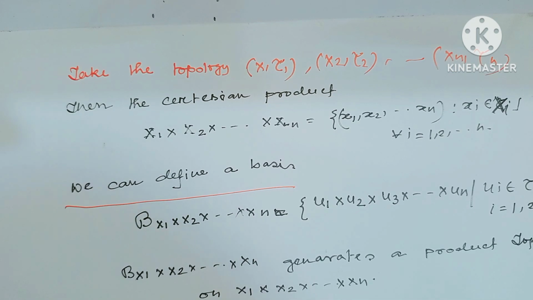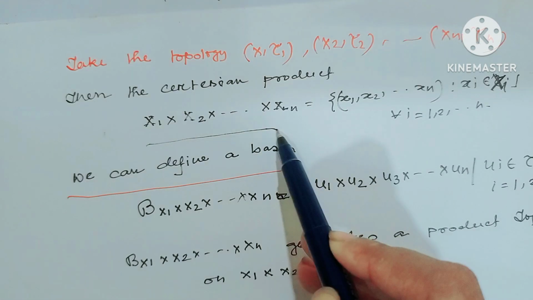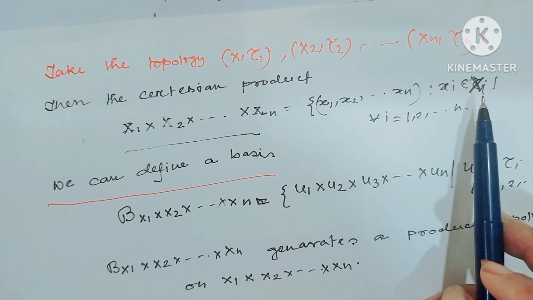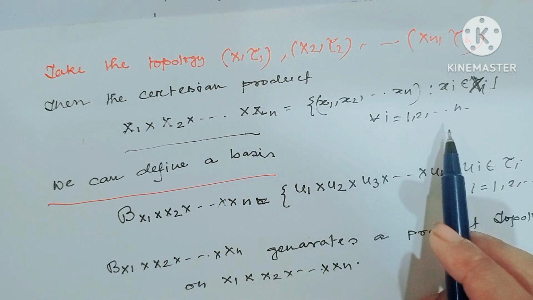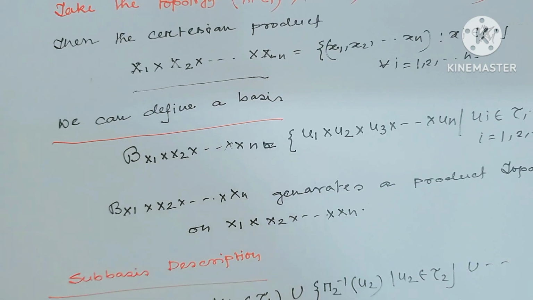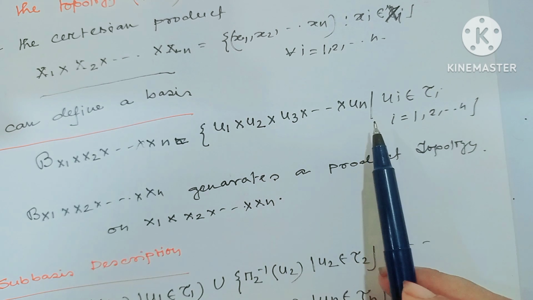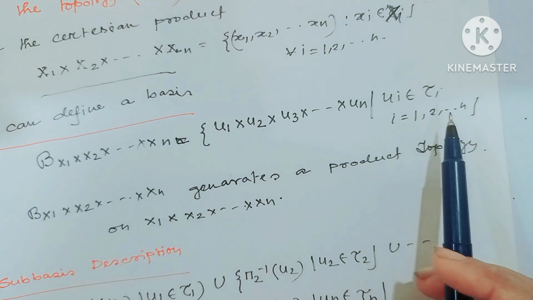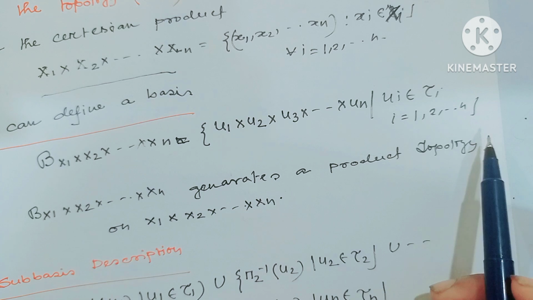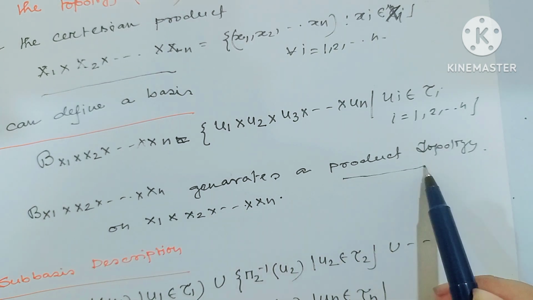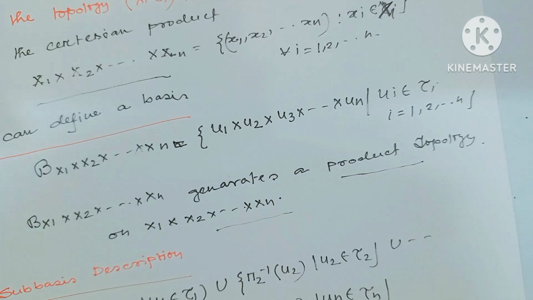That means similarly, if we take any finite Cartesian product X1 X2 Xn such that this is contain x1 x2 xn where xi belongs to capital Xi for all i equal to 1 to n, then we can define a basis beta (x1, x2, xn) equal to U1 U2 U3 up to Un where Ui belongs to tau i where i equal to 1 to n. Then these beta generates a product topology on X1 cross X2 cross Xn.